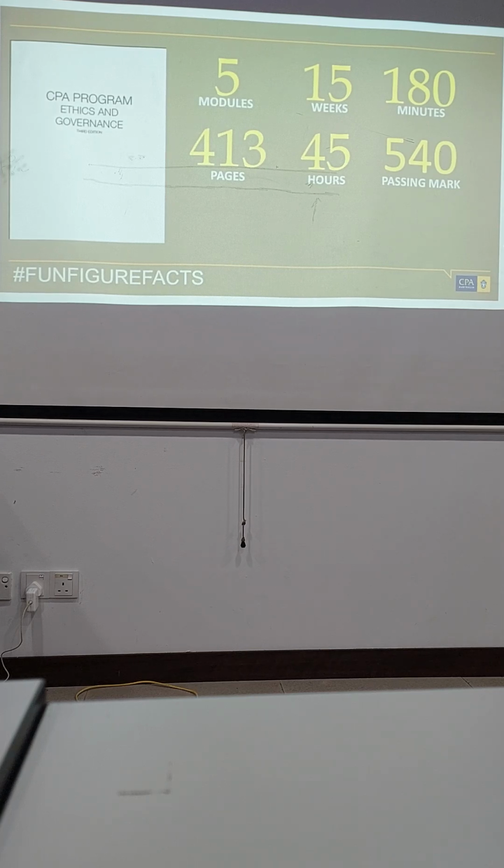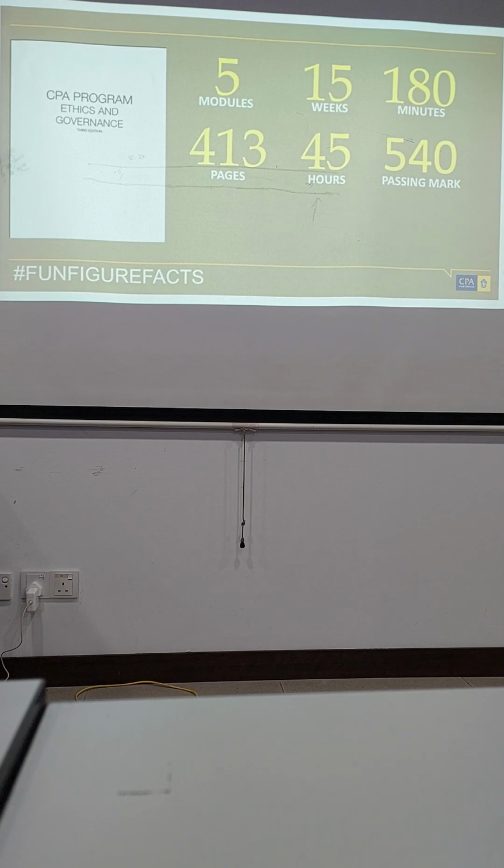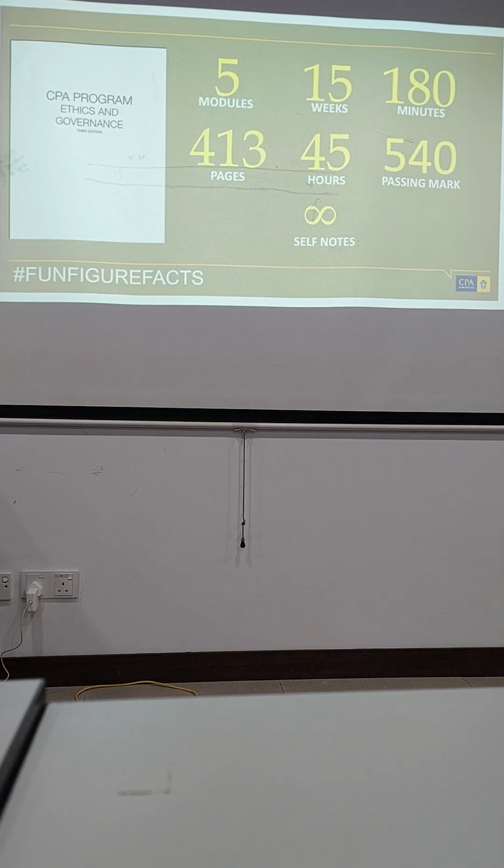Don't target to get 540, but at least 500 or 550. And there is definitely no limit on self-notes. As long as you print them out and bring them to the exam, you can bring a luggage to the exam.